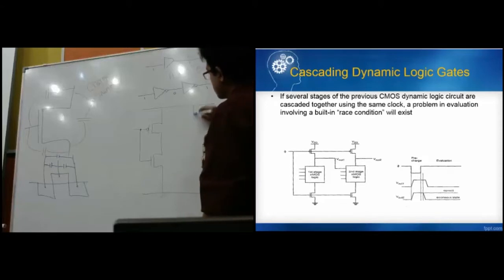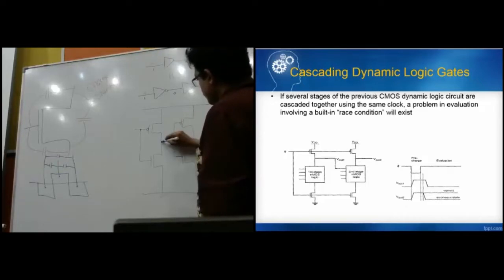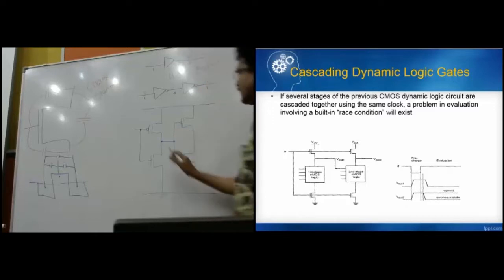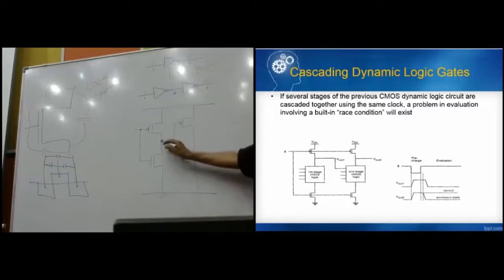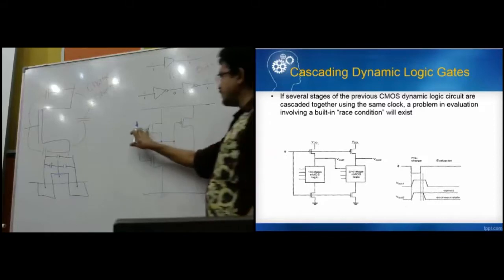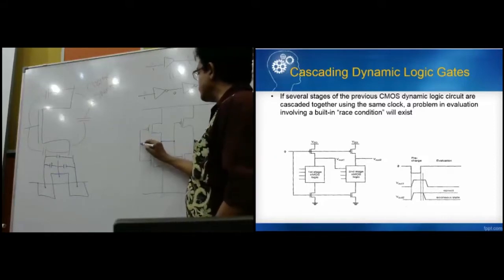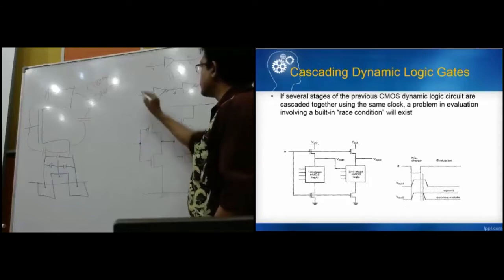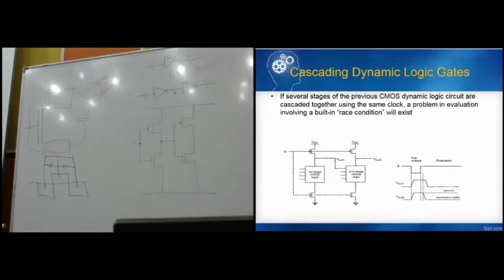Satu. Okay. Output pertama akan menjadi input kepada yang kedua. Okay. Kalau nak cantikkan, nak bagi dia sama macam ni lah. Okay. So this is a static CMOS for a buffer.